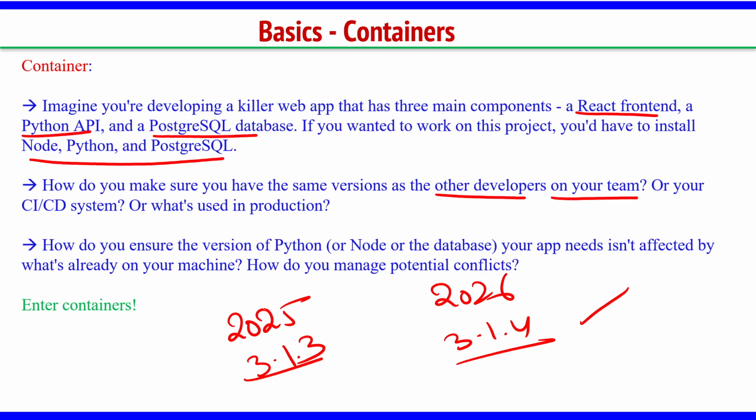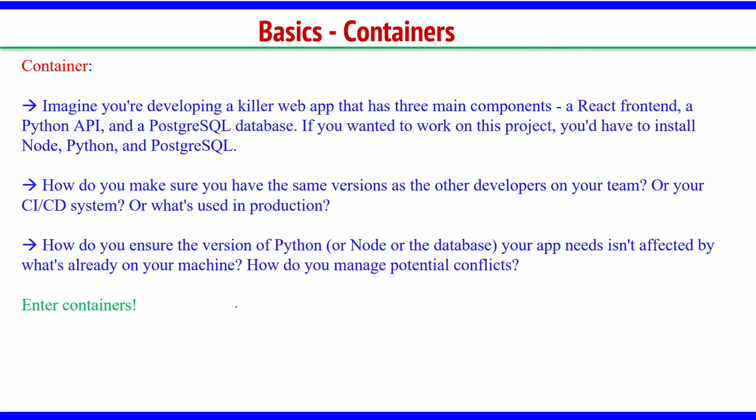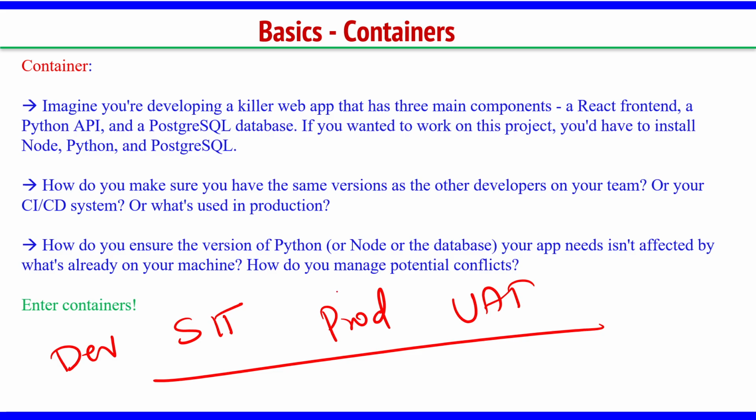So, this is the aspect. Or your CI/CD system, if you are using some CI/CD pipeline, what is the version installed in that pipeline, or what is used in production? Since we are talking about different environments, SIT, dev, prod, UAT, which version is installed in the developer environment or in production, we do not know.